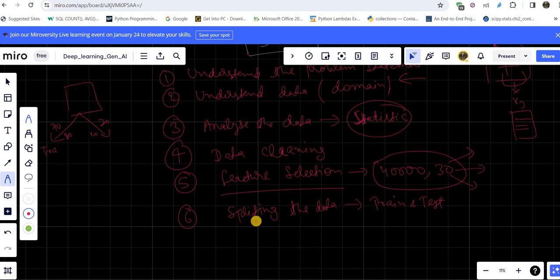This is called the train data and this is called the test data. On the train data, you will train your model. But to evaluate the model, to check its performance, you will not use the train data. I will use the test data, completely new data. And if my model performed well on the test data, then I will say it's a good model.